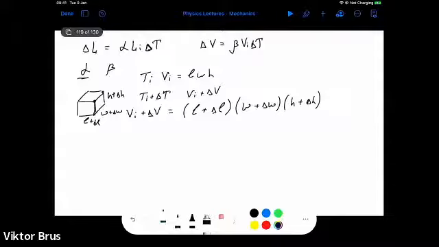Now we know the equations which describe this change in the length of the sides, so we can use this alpha coefficient to describe them.